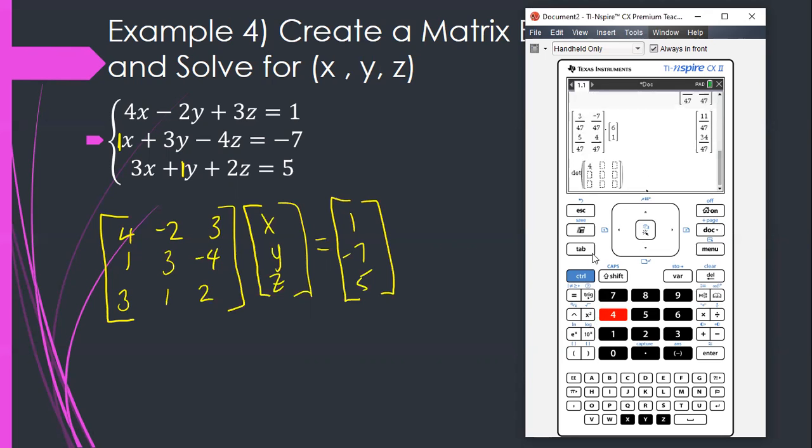I'm going to put in 4, -2, 3, 1, 3, -4, 3, 1, 2. So we have it in, and there is a determinant. So what does that mean? There is a solution.